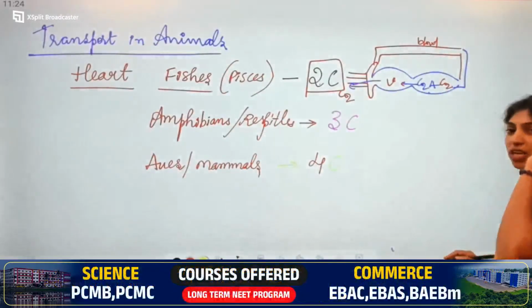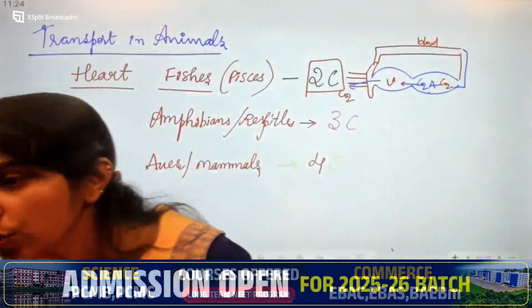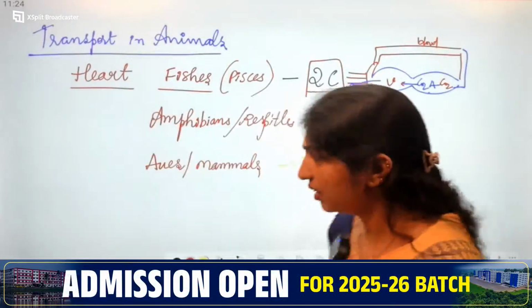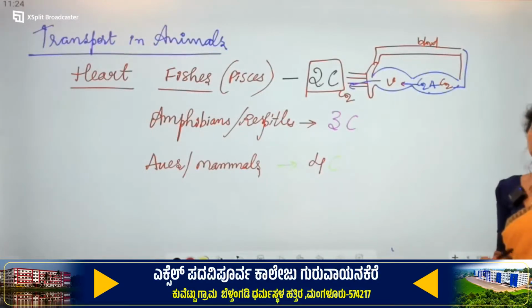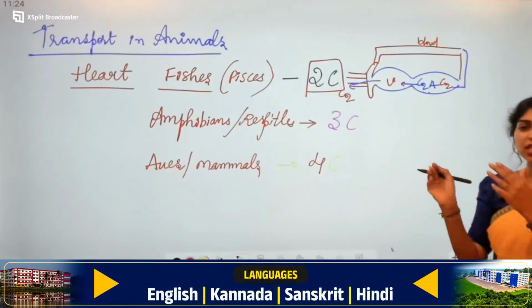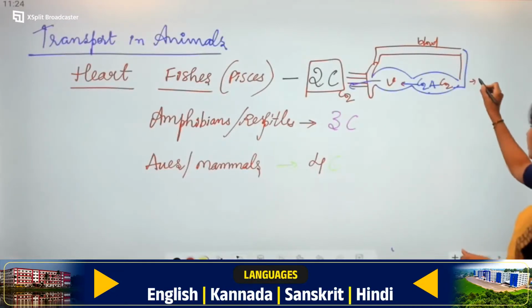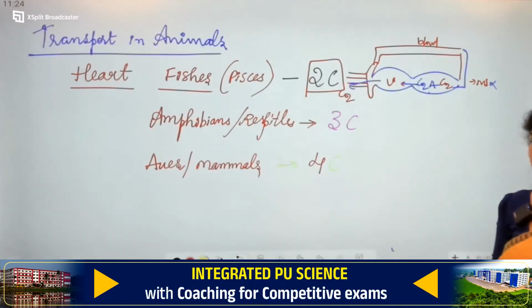Because they cannot take up oxygen from the atmosphere. That is correct. Do you have any question regarding the two chambered heart in fishes? And here you can say there is mixing up of oxygenated and deoxygenated blood.